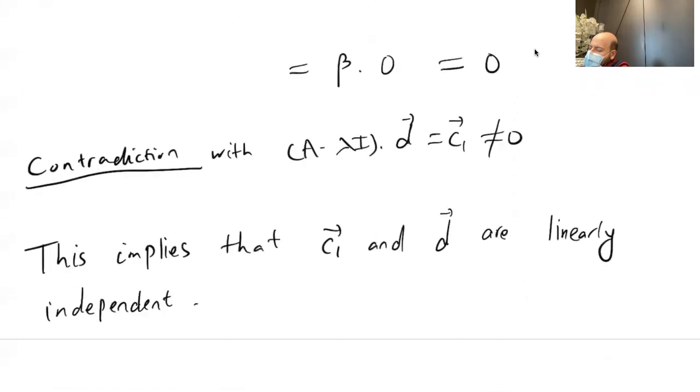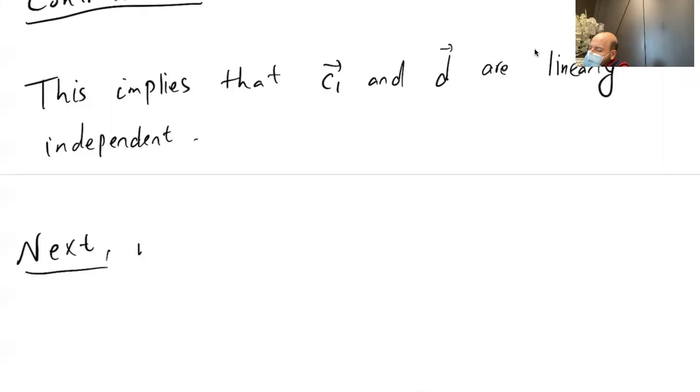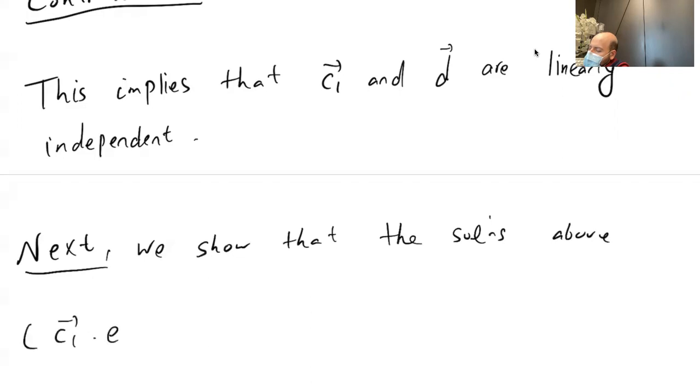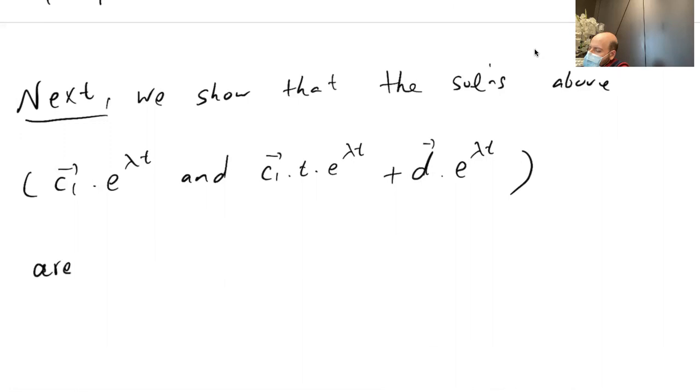So next we show that the solutions above, which are C1 e to power lambda t and C1 times t e to power lambda t plus d e to power lambda t, are linearly independent.